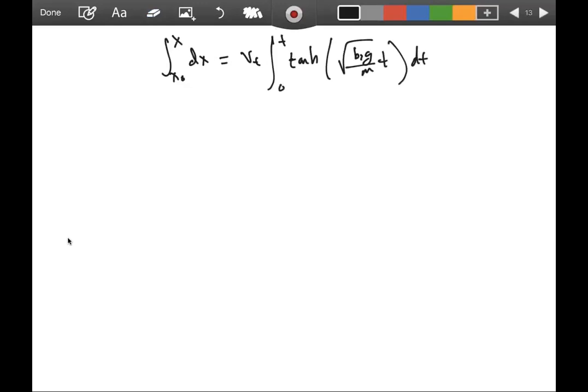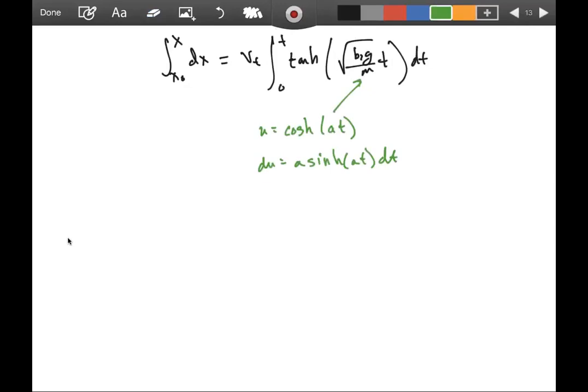For this, I'm just going to use a u substitution. Let u be equal to the hyperbolic cosine of a times t, where a is just that coefficient there. So du is going to be equal to a times the hyperbolic sine of at dt.